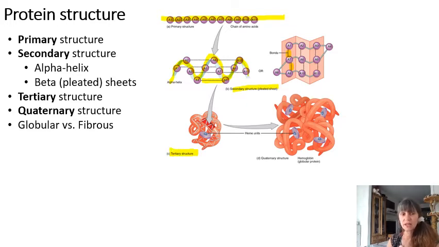And then when 2 or more tertiary structures form together, we have a quaternary structure. Hemoglobin is a great example of a quaternary globular protein where 4 tertiary structures join together, each with a heme group containing iron to help transport oxygen.